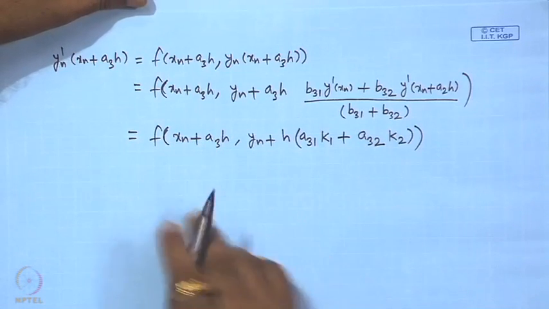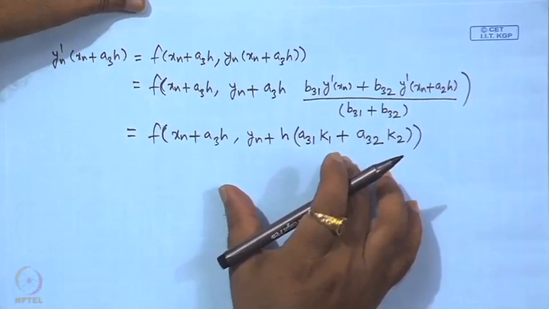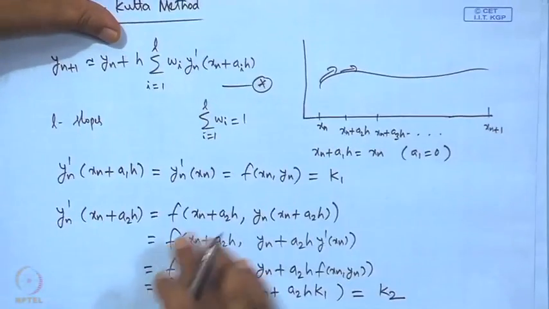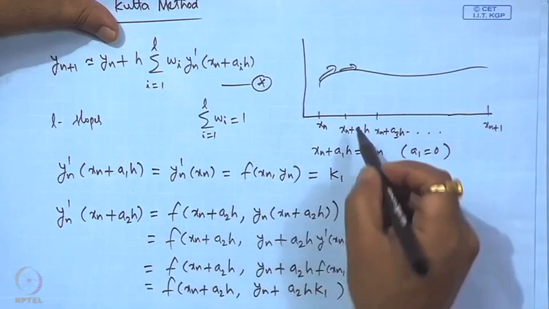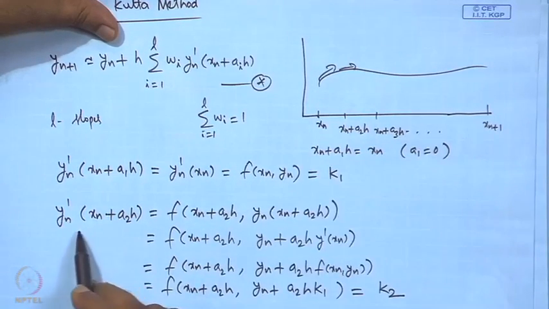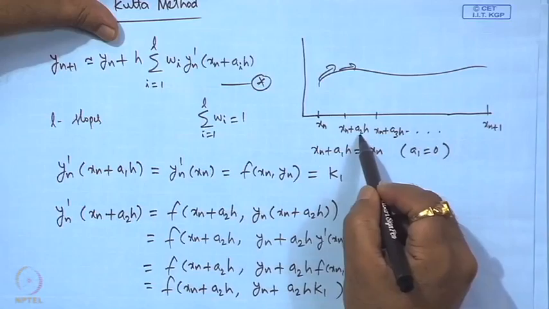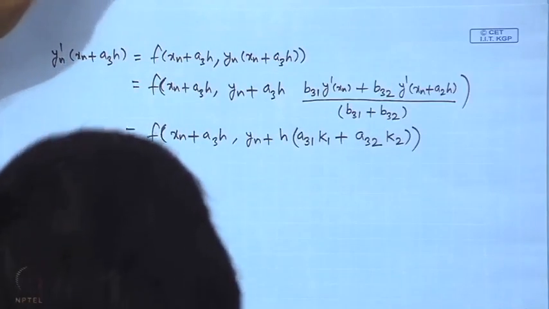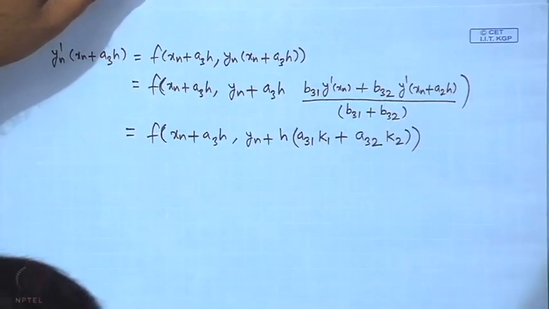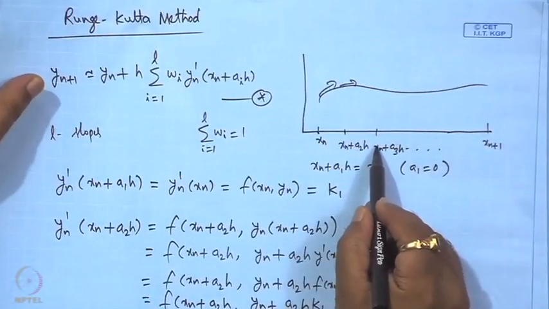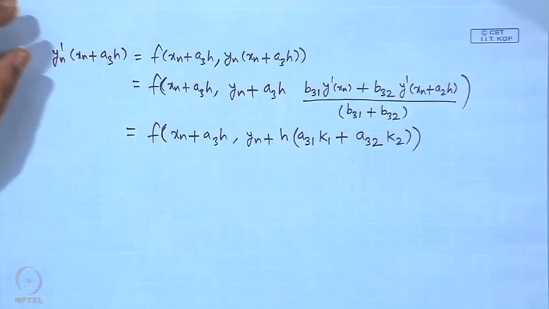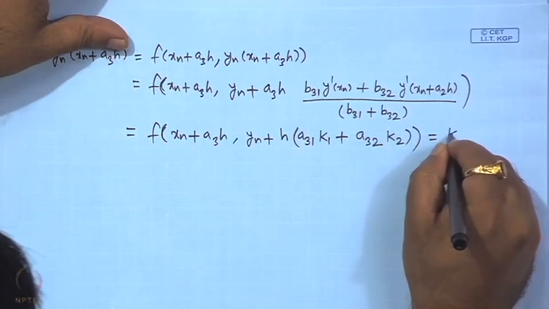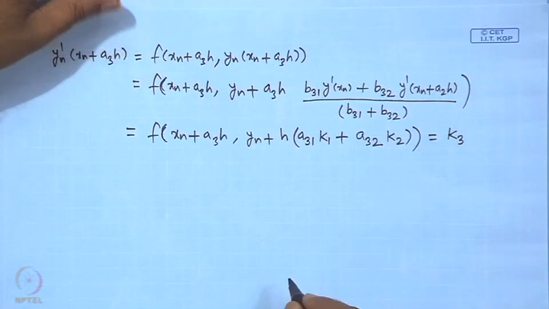So, it is a more technical, you should try to follow. Okay. First one, this is at x n, second slope is at x n plus a 2 h. So, that is k 2, then third slope is at x n plus a 3 h. Okay. So, this is our k 3.